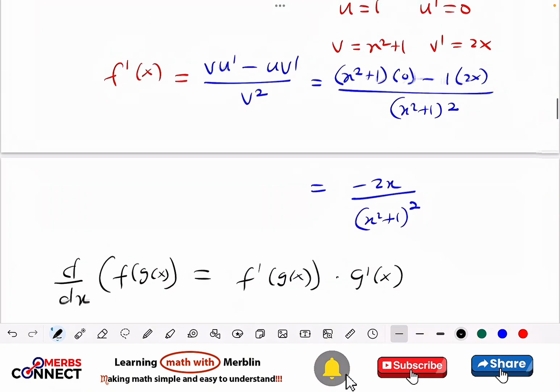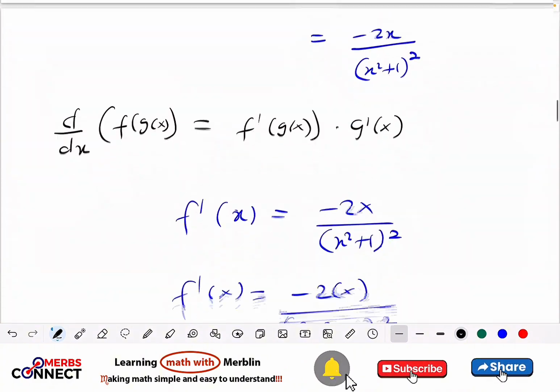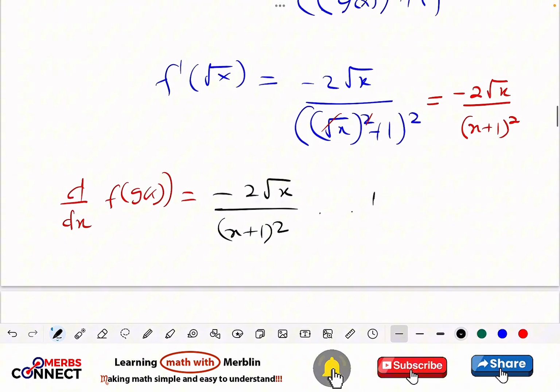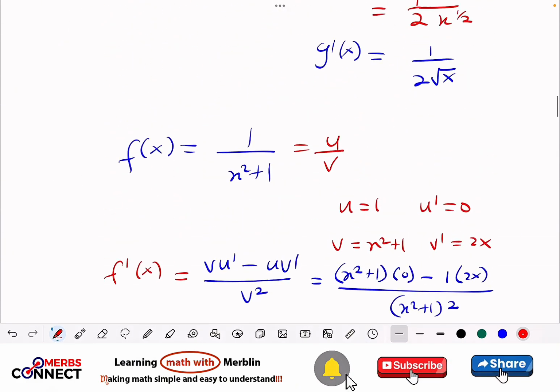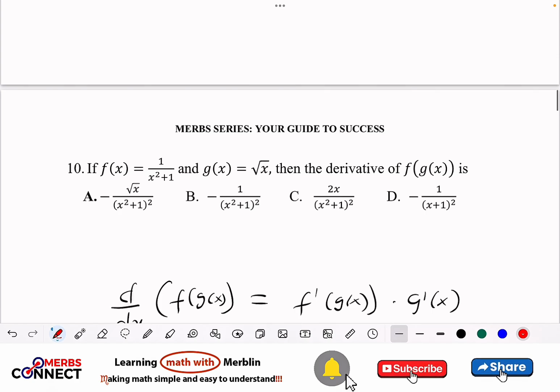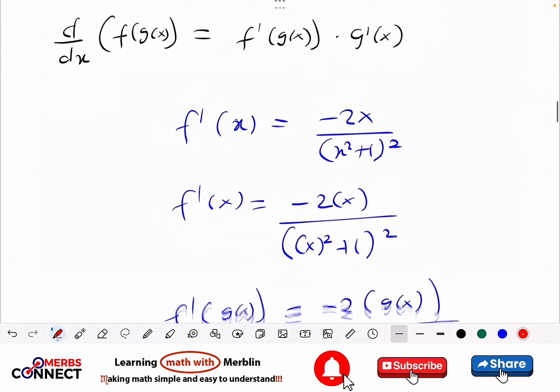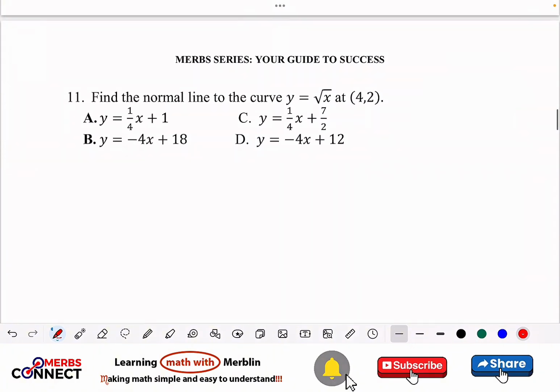So what do you get for g prime? That is 1 divided by 2 square root of x. So this will cancel this, and finally minus 1 divided by x plus 1 all squared. Good. So that's what we are going to get. Okay, so we have something like that here. So that's for question 10. We have 39 more questions to go.